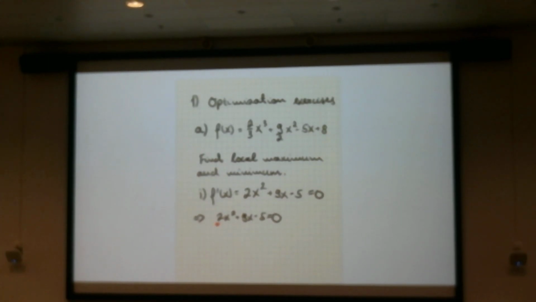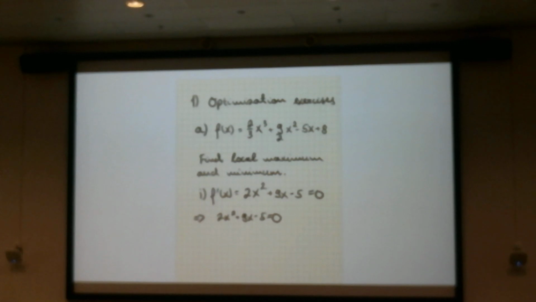Because the equation here is quadratic, because we have a power of 2, we can expect that we may have not just one stationary or critical point, but more. We can have up to 2, because this has at most 2 solutions.